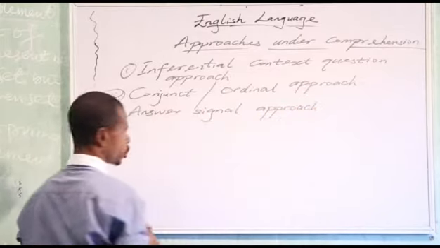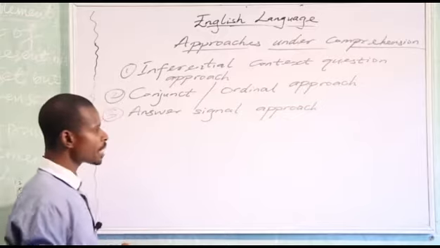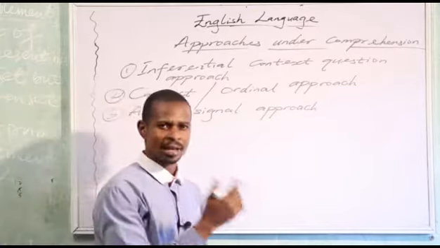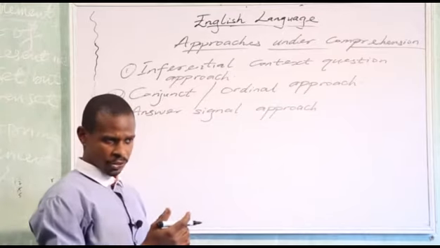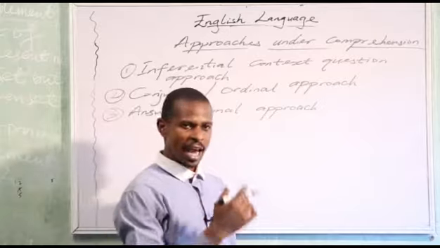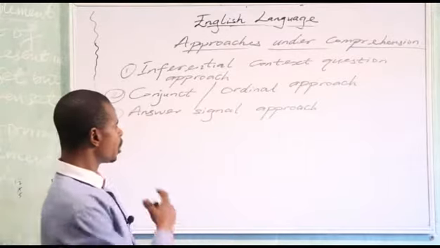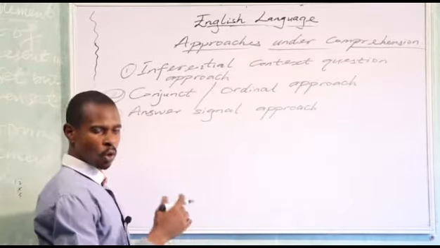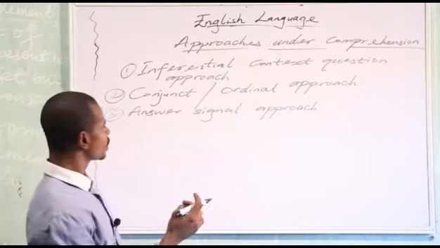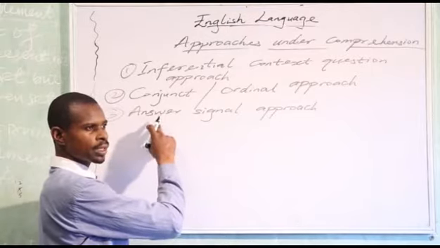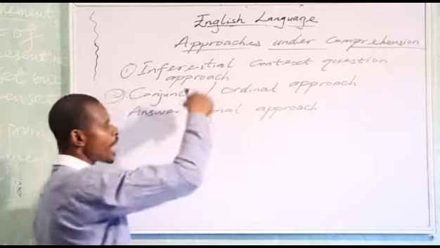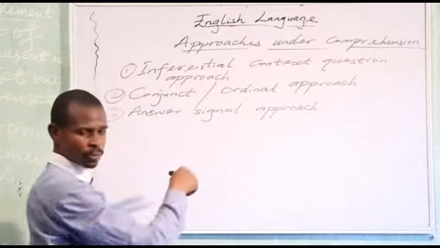If we're talking about the answer signal approach, some questions will give you some answers. These are questions from which you can quickly get the answer. Maybe a particular event occurred, and the question asks you what really happened in a particular comprehension you've read.